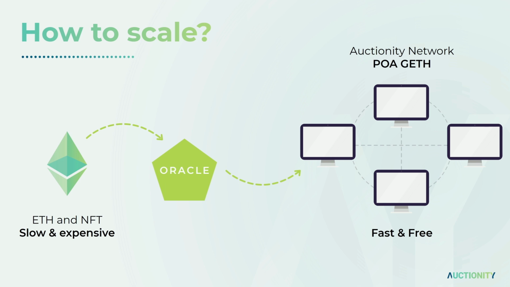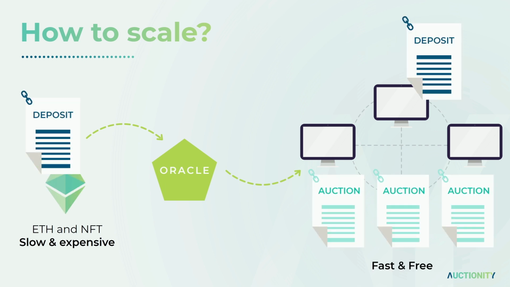For example, we defined some smart contracts in our architecture. We had this deposit smart contract on the Ethereum LiveNet. This deposit is just meant to receive all the Ether and all the non-fungible tokens that the seller and the bidders will deposit. And the oracle is just going to mirror whatever happened on this deposit on its own deposit on the Auctionity network.